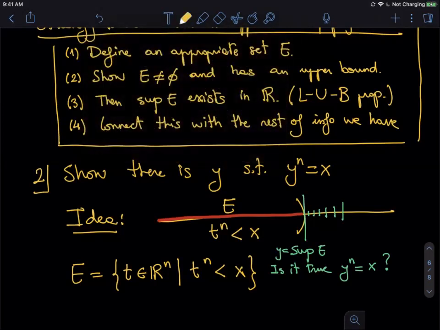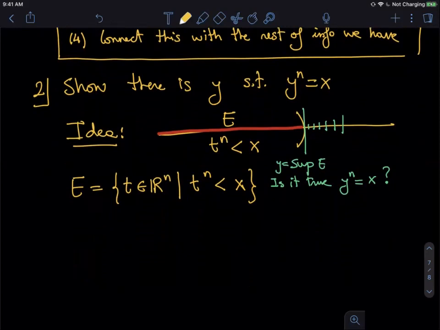Now notice here, the supremum is the perfect candidate, right? Because it's right in the transition from being in E, where t to the n is less than x, to being outside, where t to the n is bigger than x. So then there should be a moment in the transition that t to the n is equal to x, but that is not obvious. It requires a proof. So let's get to it.